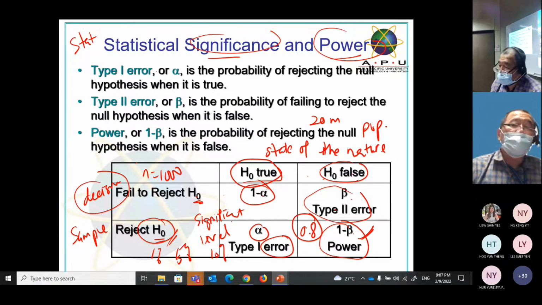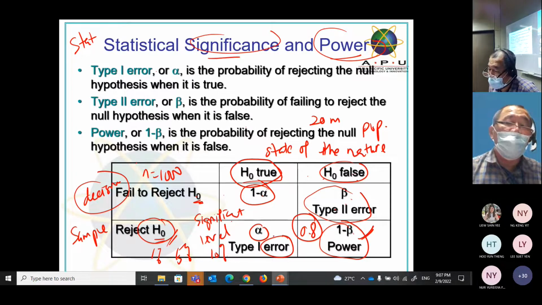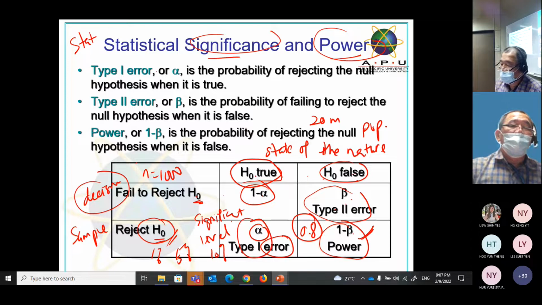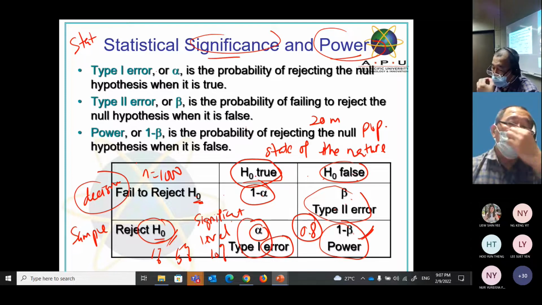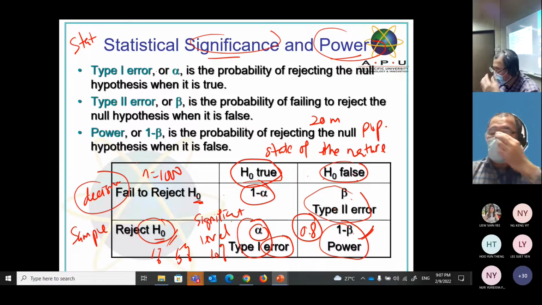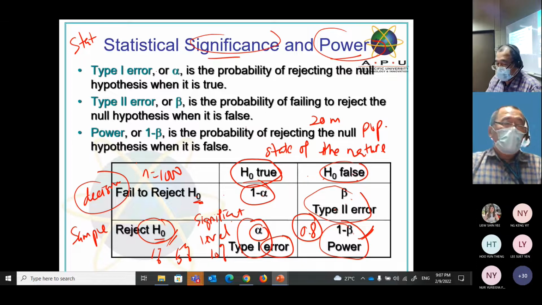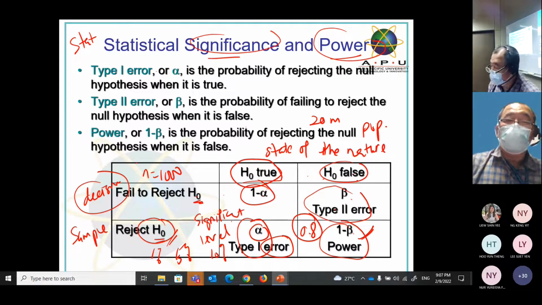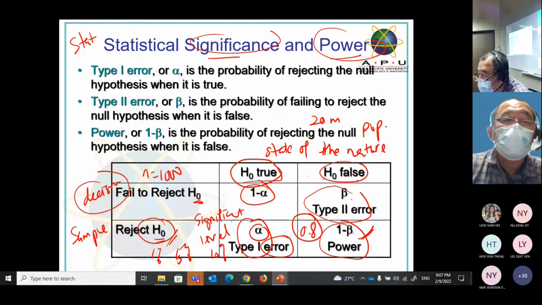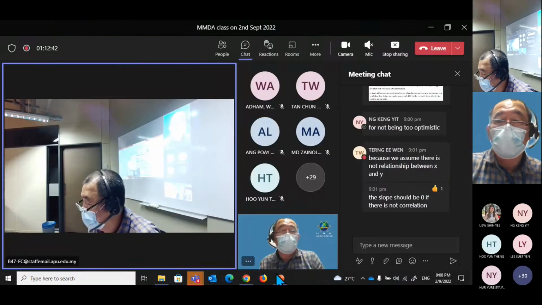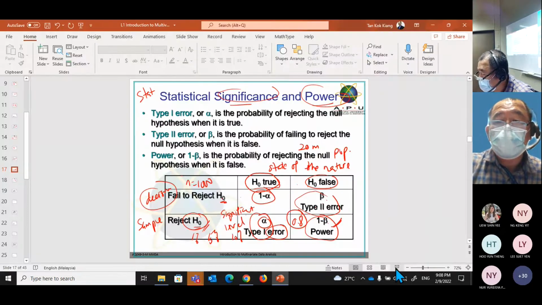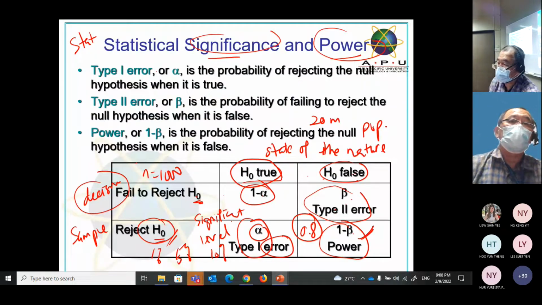Therefore it is also not good, but not too bad compared to alpha. Therefore you focus on alpha. If no question, now we see next.